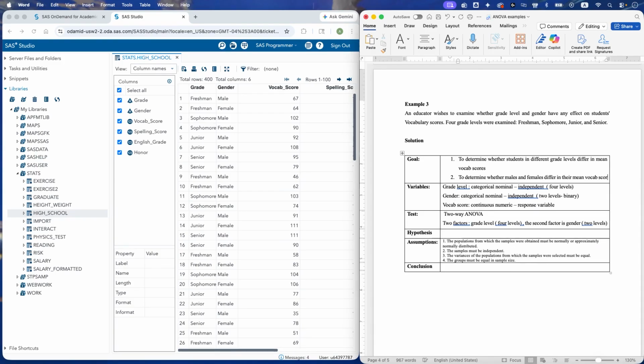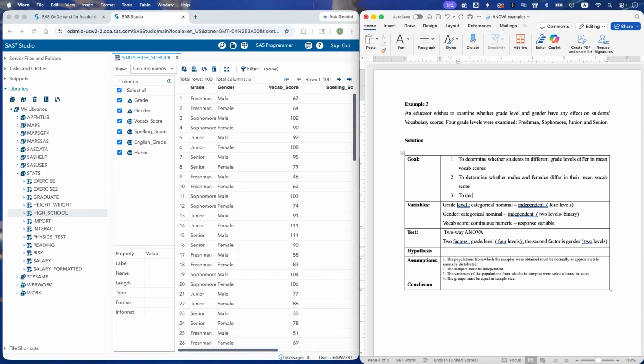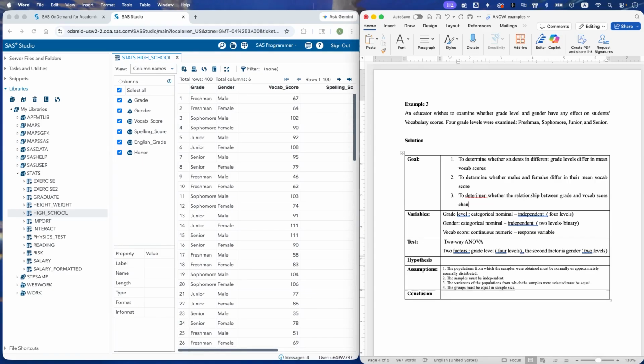Finally, we'd like to determine whether the relationship between grade and vocab scores changes depending on gender. These are the three objectives we are trying to achieve. The last one is the interaction term: does one gender respond differently across the grade levels than the other?